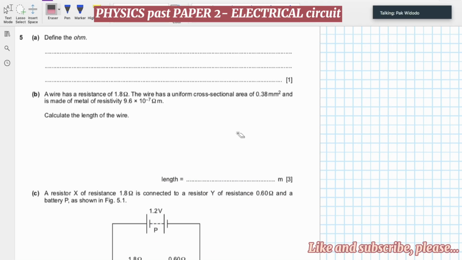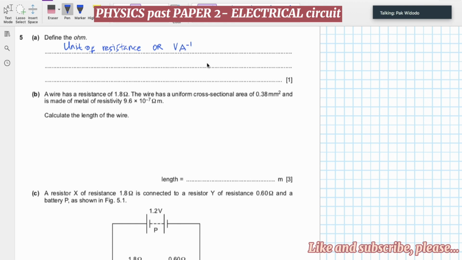Okay, question 5 is define the ohm. Ohm is unit of resistance. We can write that it is the unit of resistance, or maybe we can write it as volt per ampere, volt ampere minus 1.